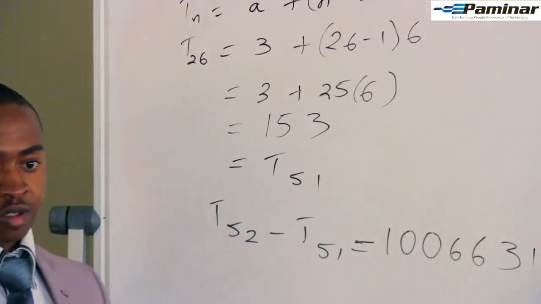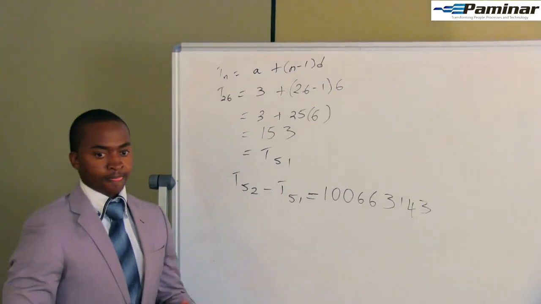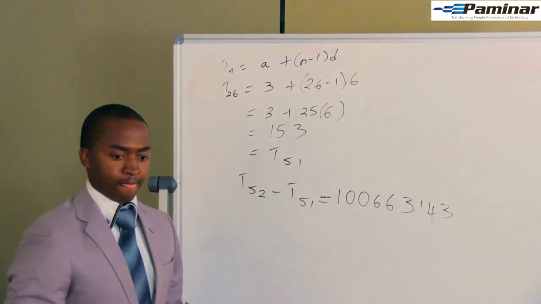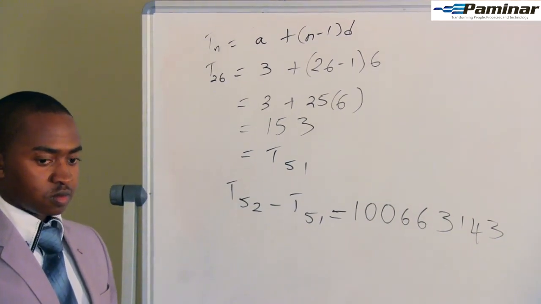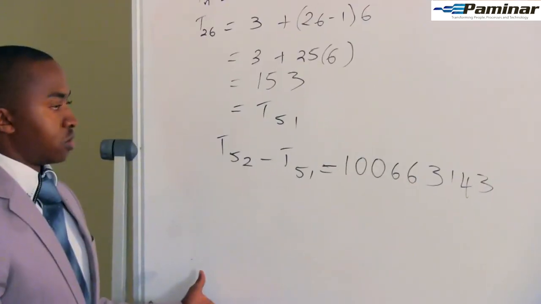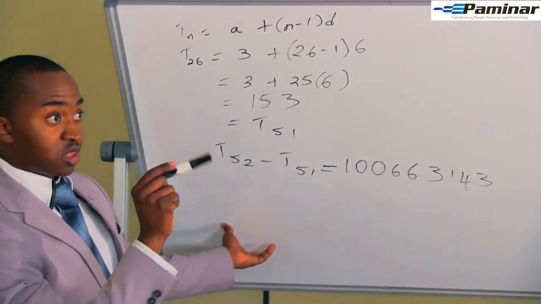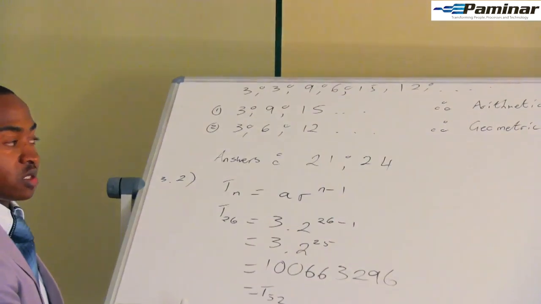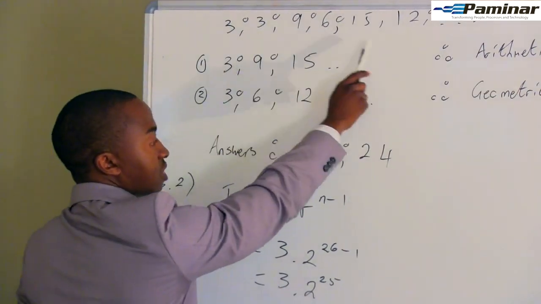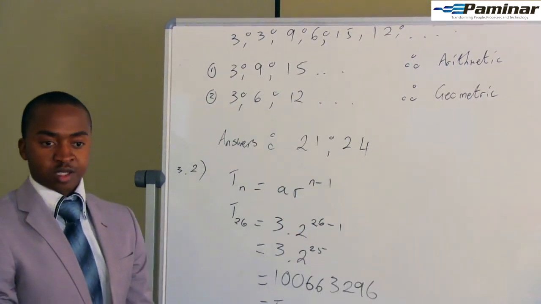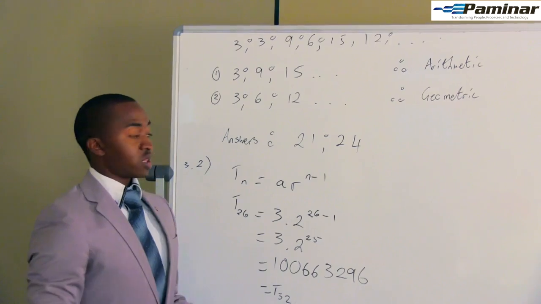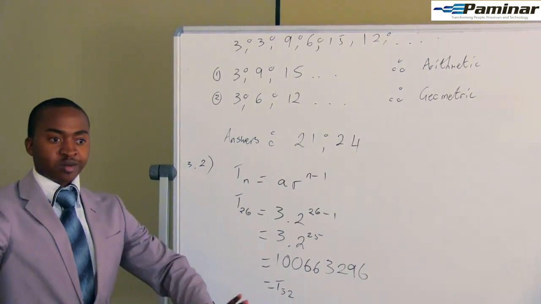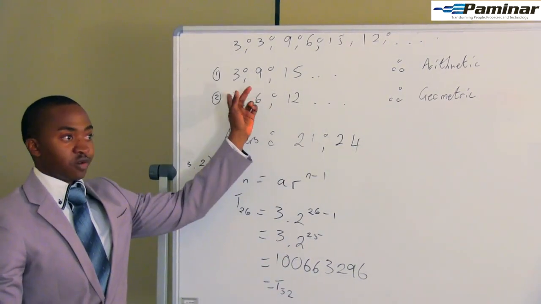Any questions to the method used? Just one question. Why do you have to say 26 on the term, like T52? Why do you say 26 instead? Okay. We'll take it back to what they've mentioned in the question. They've said that the sequence they give us is a mixture of both an arithmetic sequence and a geometric sequence. So what that means is they've split them in two, just like we did for the first part.